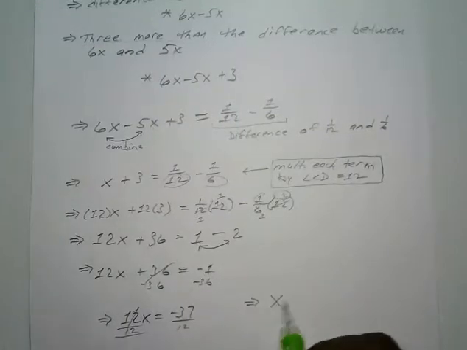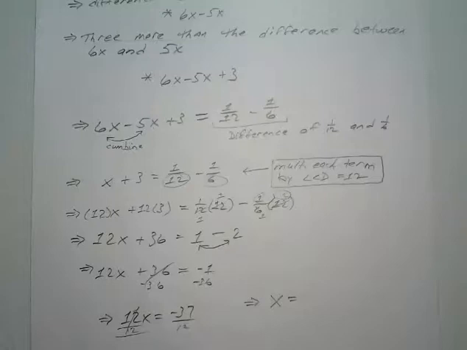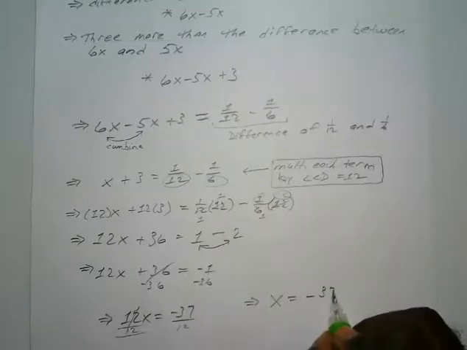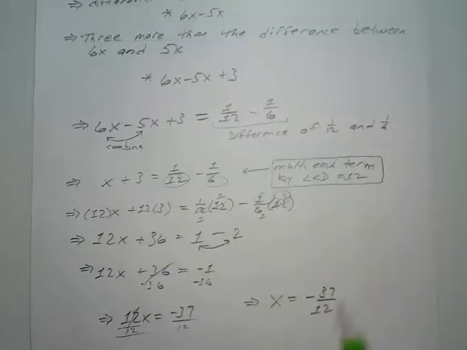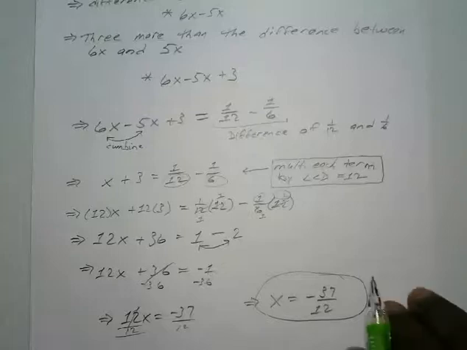That would give us x equals negative 37 over 12. Alright, so hopefully that made sense. Okay, so if you're still writing, please feel free to press pause, but we're going to go ahead and go to our next example.